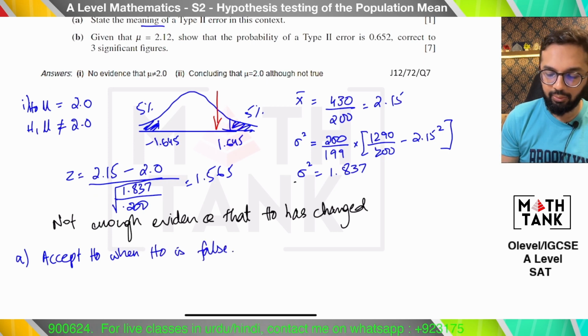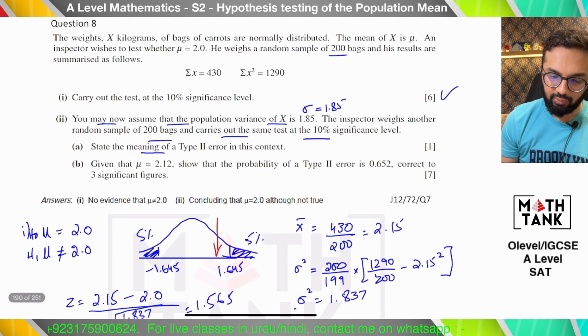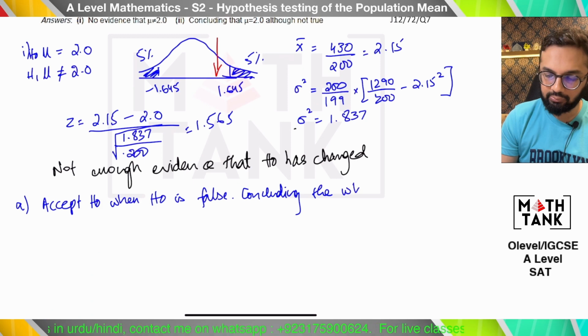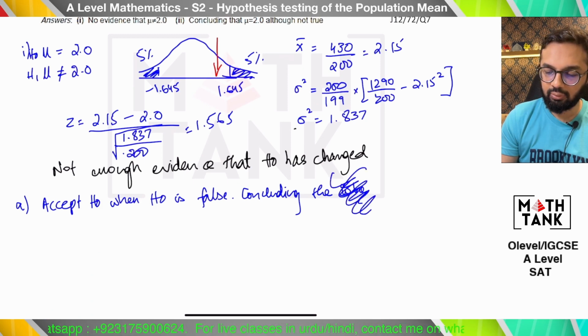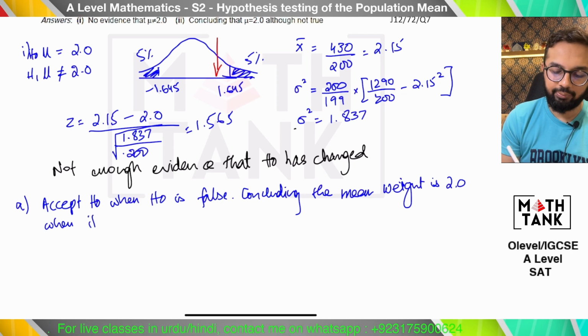So you are concluding that the mean weight is 2.0 when it is not.